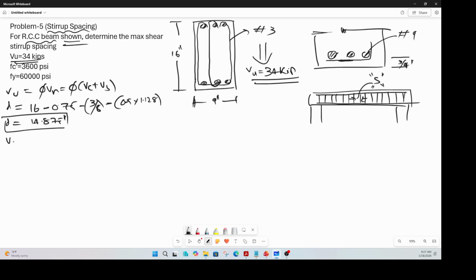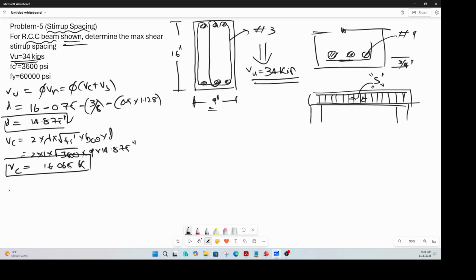We calculate Vc = 2 lambda root fc prime bw d, which is 2 times 1 times square root of 3600. What is your b? 9 inches. What is your effective depth? 14.875 inches. The value comes out to be 16.065 kips. That is your Vc.